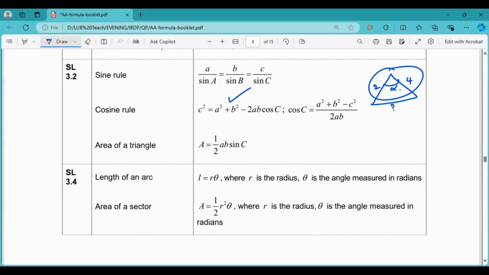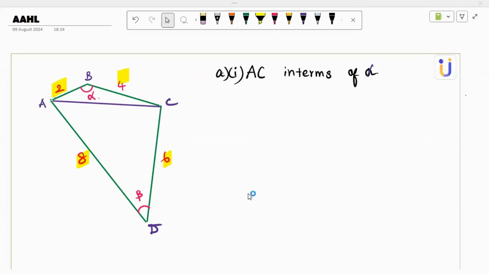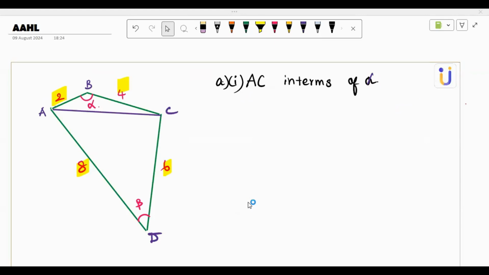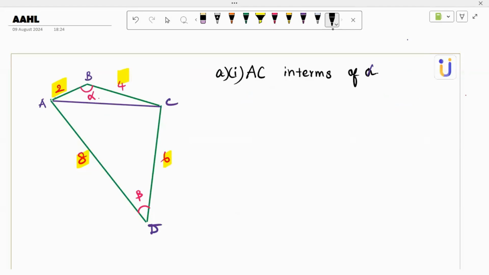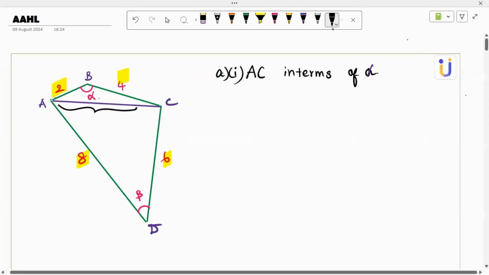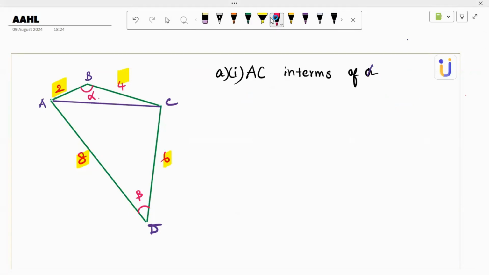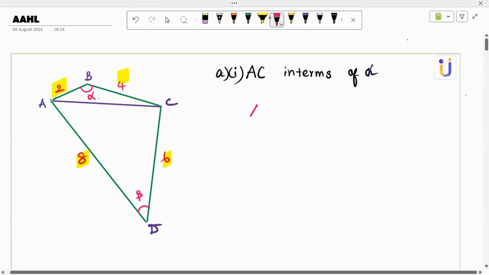Okay, and getting back to the solution page. Yeah, let's start with the formula. That is a fixed formula for triangle ABC with normal labeling, but for us, we need to slightly change the formula.